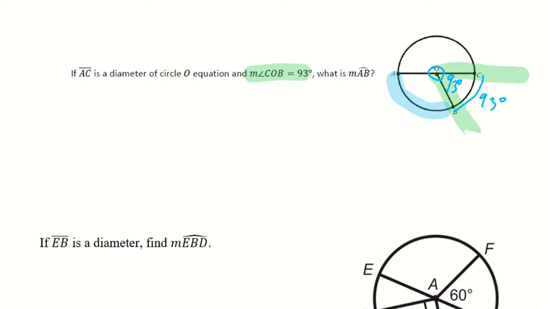Another piece of information that they gave us, which was helpful, is that we have a diameter AC. That diameter tells us this half of the circle, the bottom half of the circle, is 180 degrees.